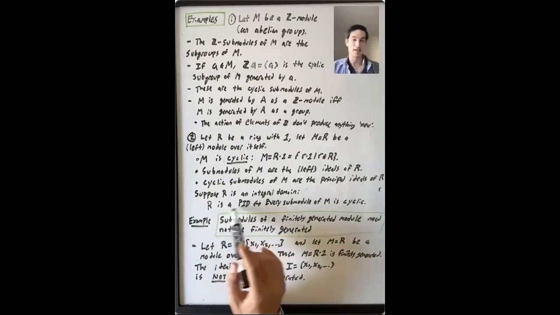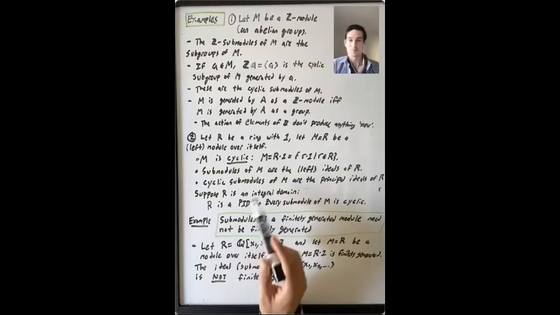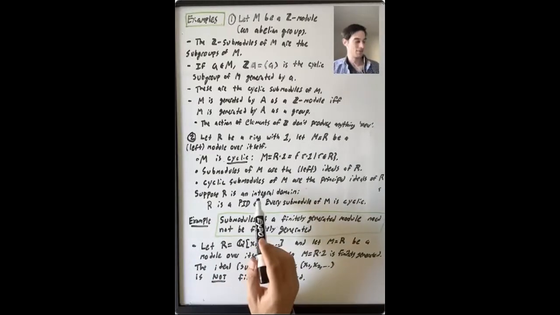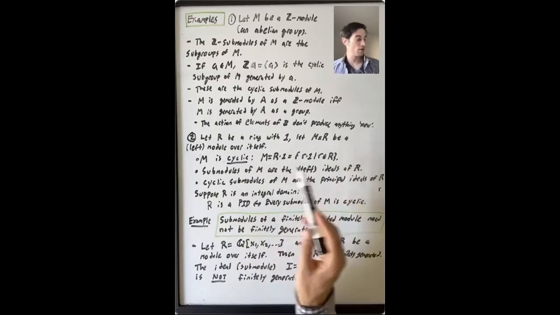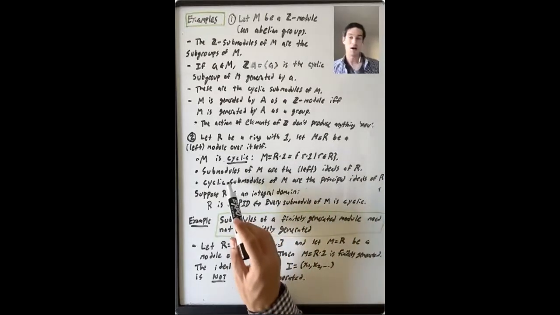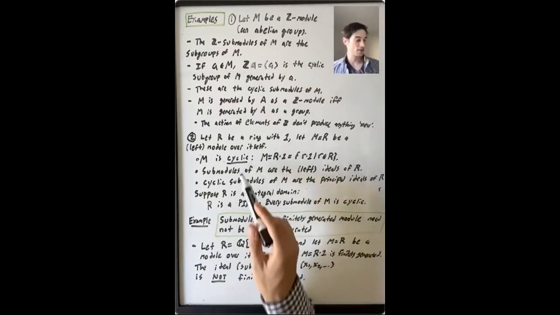Being an integral domain is part of the definition of being a PID. So you could think about how to modify things if you want to make a more general statement where R is not necessarily an integral domain. But the idea is all of your submodules come from ideals. All of your cyclic submodules are your principal ideals. If all of your ideals are principal ideals, then all of your submodules are cyclic.